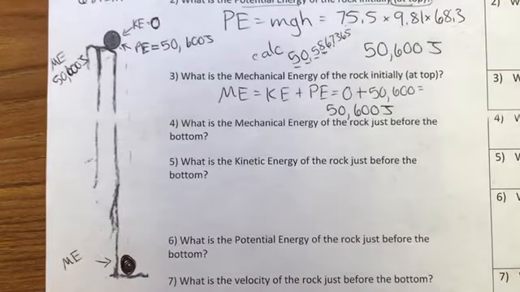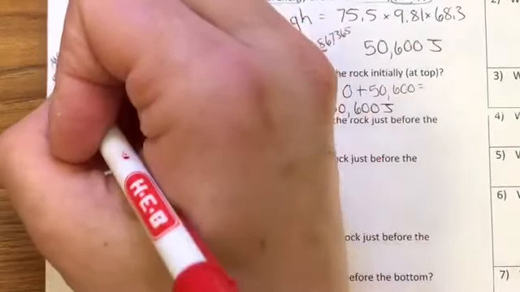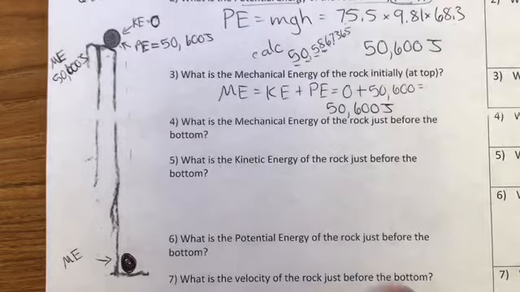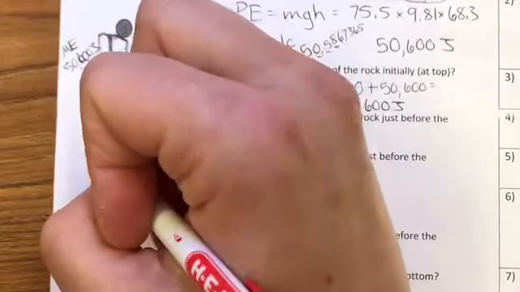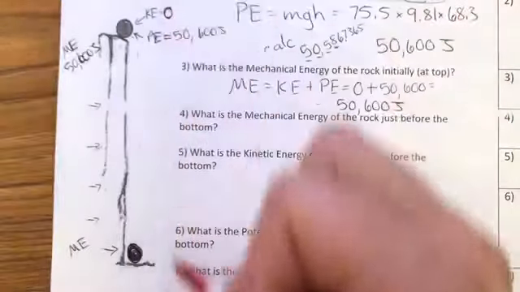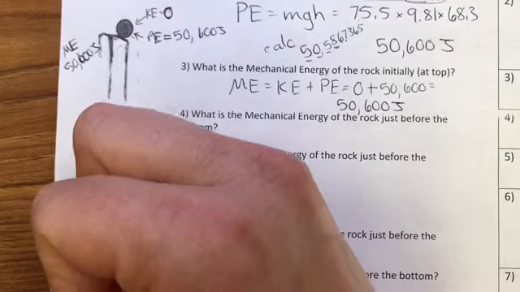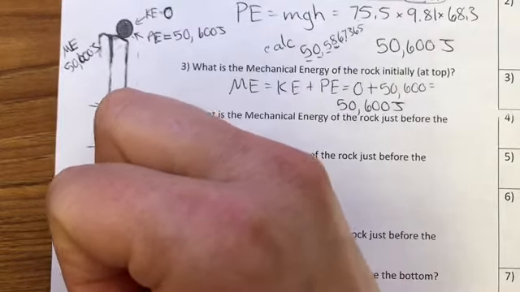Refer back to understanding mechanical energy. What do we know about mechanical energy for a system? It's constant. So it doesn't matter if it was here, or if it's here, or if it's here, or there, anywhere, any position along there, the mechanical energy is always going to be 50,600 joules.